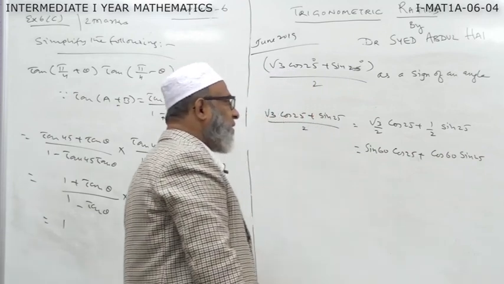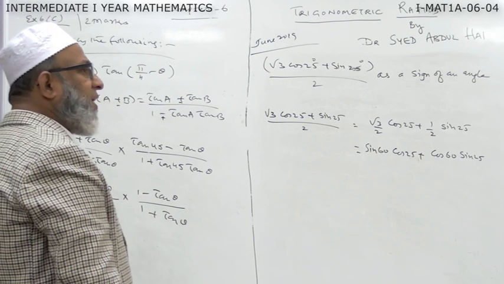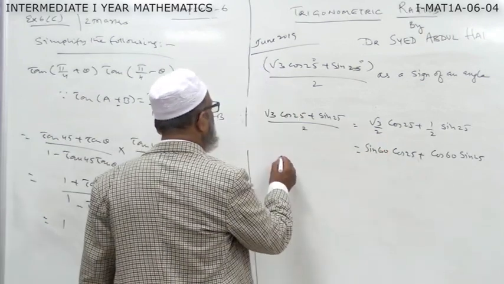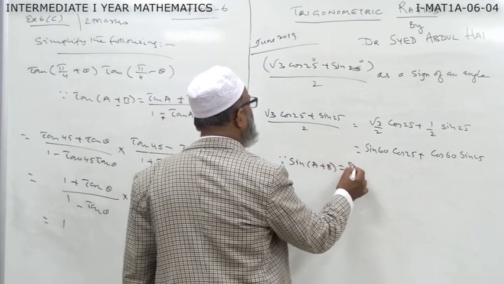Can I write like this? What is the value of cos 60? 1 by 2. What is the value of sin 60? Root 3 by 2. Isn't it? Now, the purpose of writing this is that it comes into the form of sin of A plus B. What is sin of A plus B?